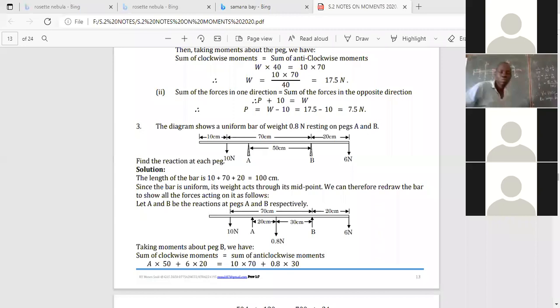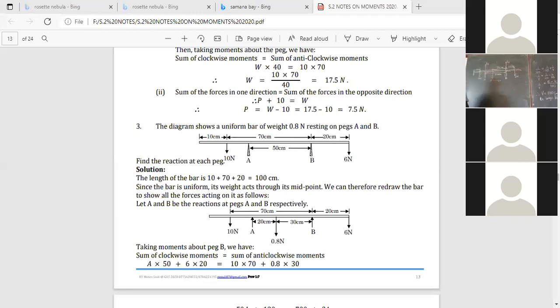This peg is not only at 100. This is 80. 80 subtract away 50, what does that mark become? 30. It becomes the 30 centimeter mark.